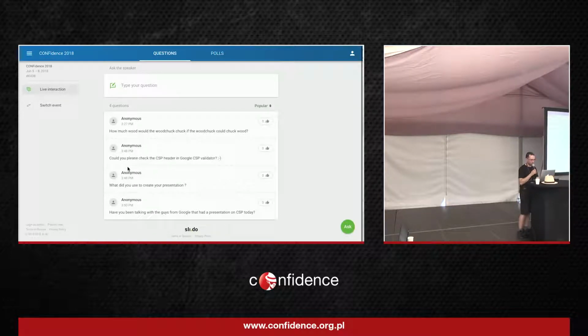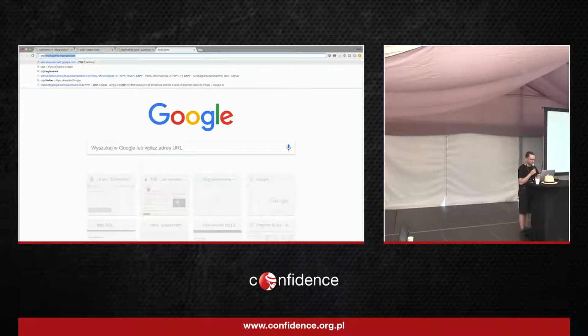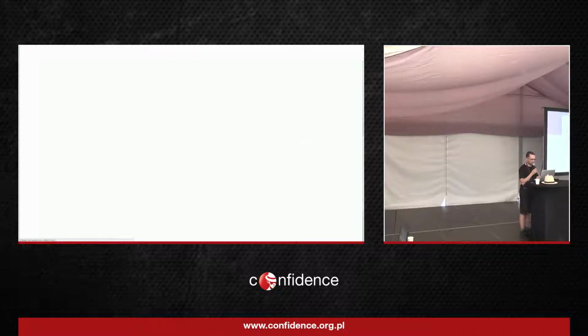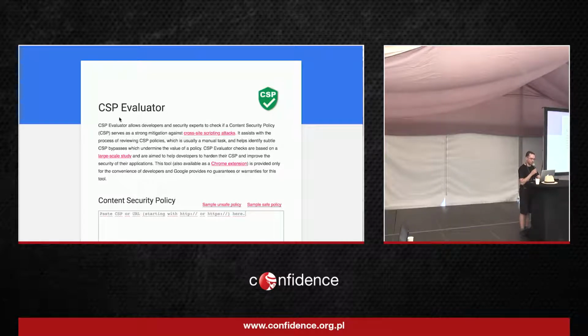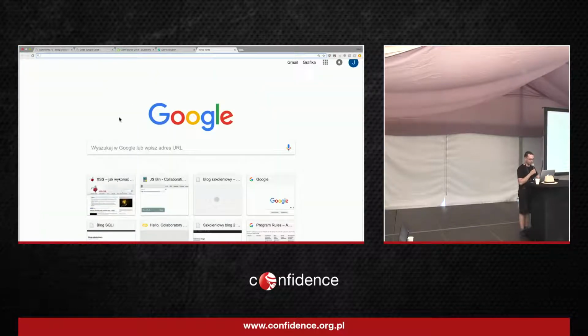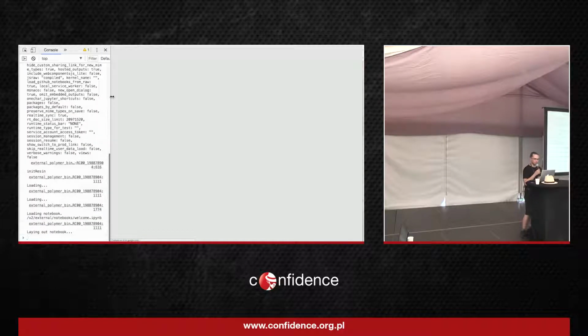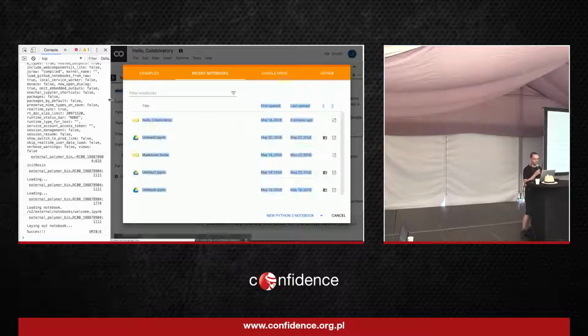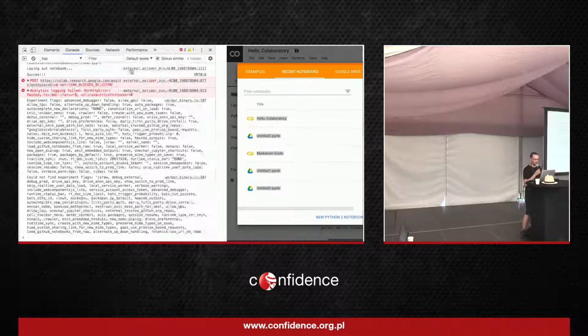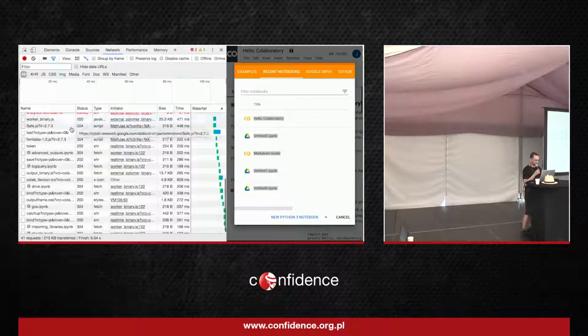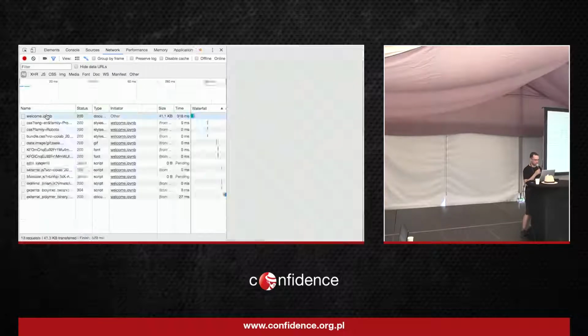Okay, could you please check the CSP header in the Google CSP validator? I can do that. I guess you meant the CSP evaluator. And the application was colab.research.google.com. But as far as I remember, the evaluator would say that the policy is great. Let's have a look.